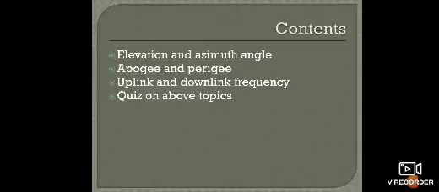To ensure this, the earth station antennas are aligned using two angles, which are determined in two ways. They are the azimuth angle and the elevation angle.